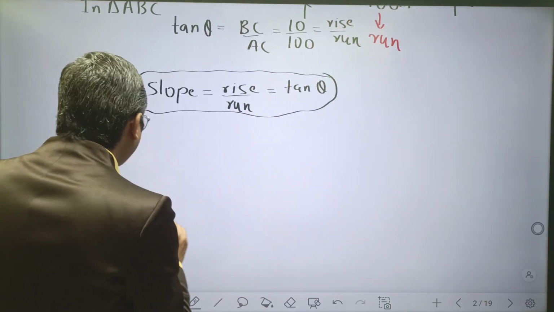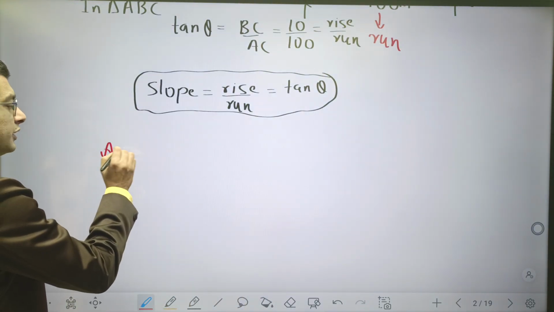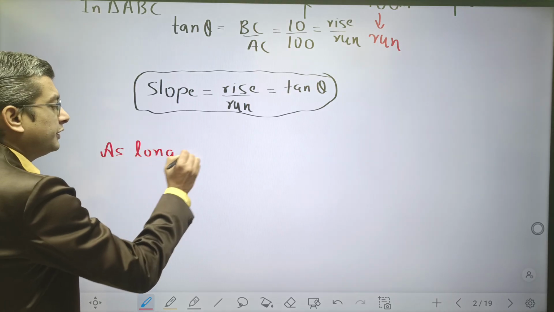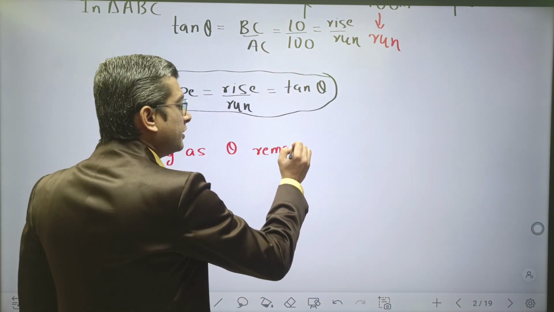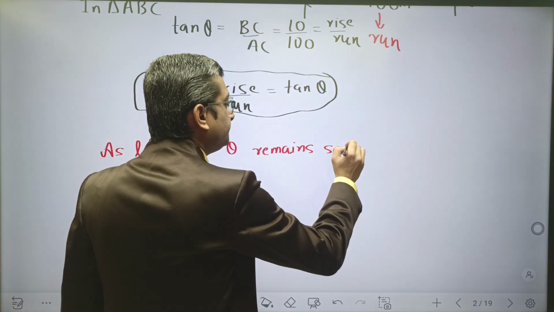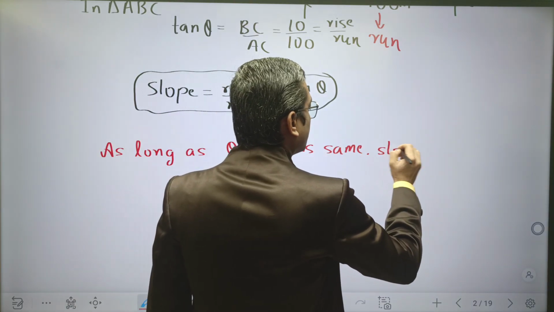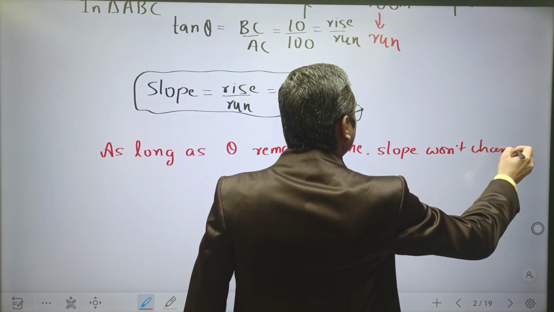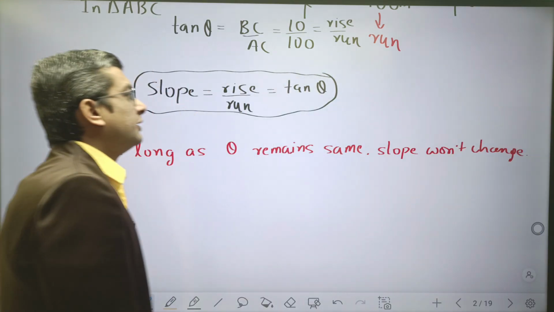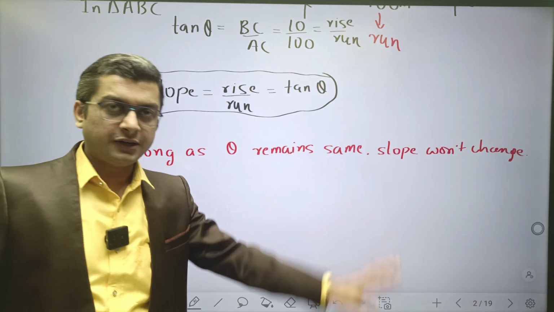And one key point of this slide is note point: as long as theta remains same, slope will not change. It means that slope is also same. That is because slope is equal to tan theta.